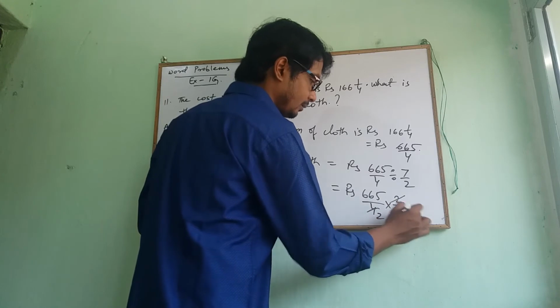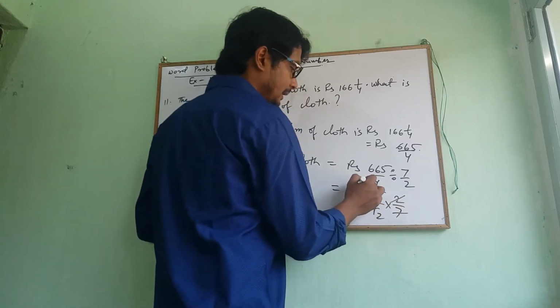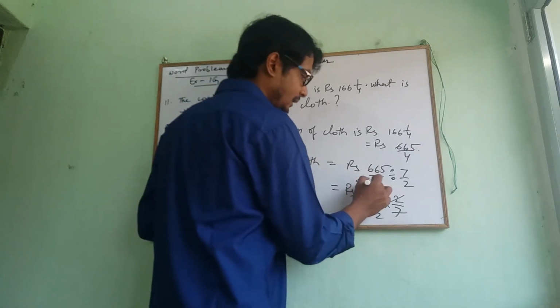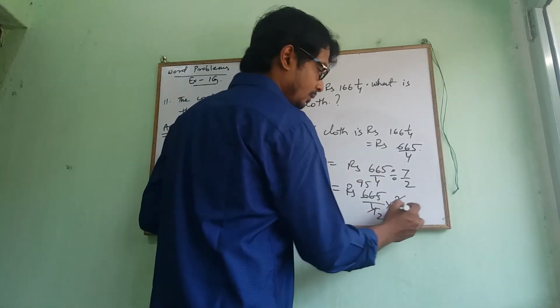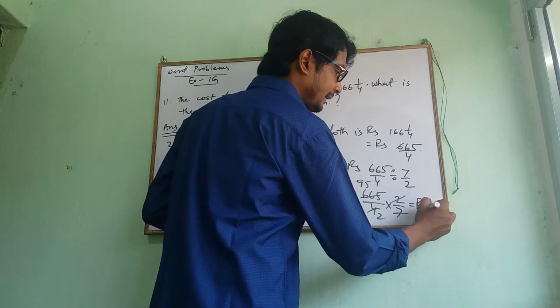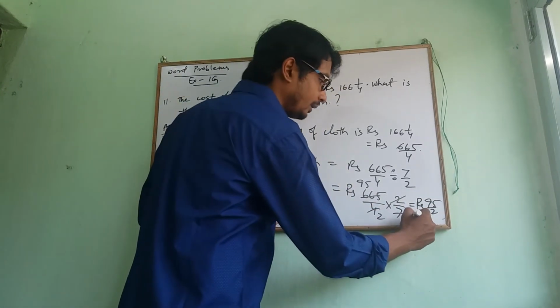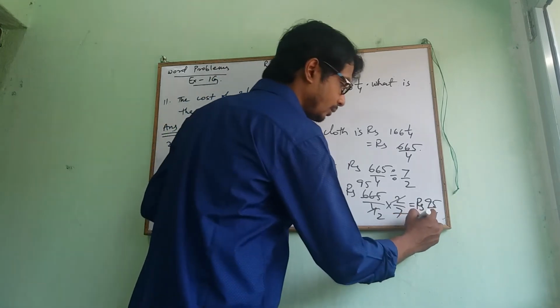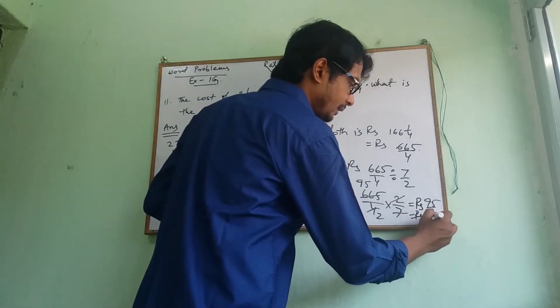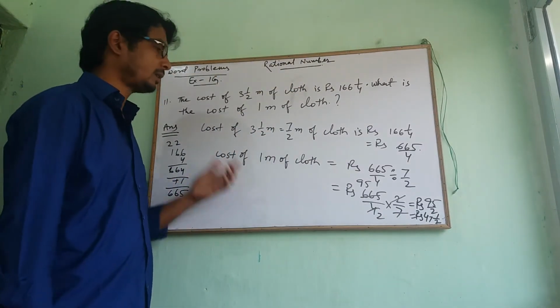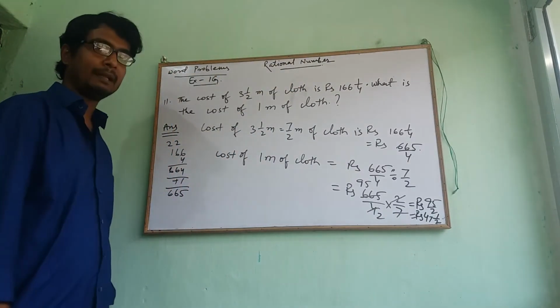So it will be cancelled out. 7 9s are 63, 7 5s are 35. So this becomes rupees 95 by 2 per meter. Or you can write it this way also, rupees 47 whole 1 by 2. This is my answer of question number 11.